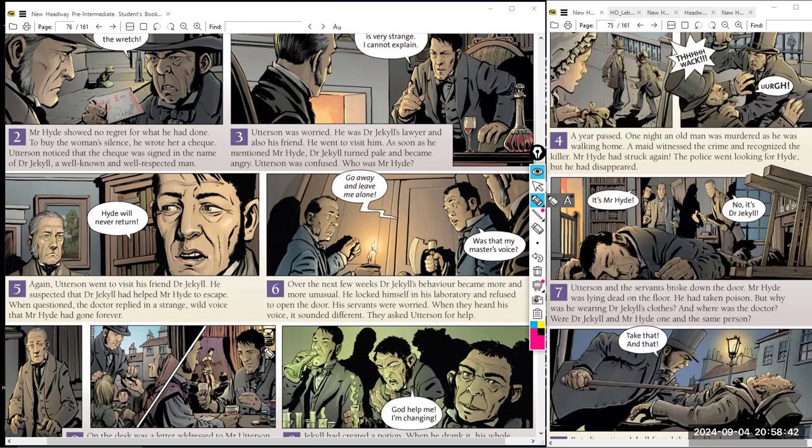We notice that Dr. Jekyll said, Hyde will never return. Or Mr. Hyde had gone forever. Okay? This is what Dr. Jekyll said about Mr. Hyde.